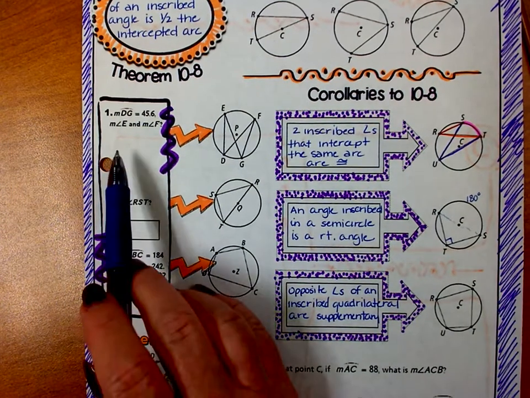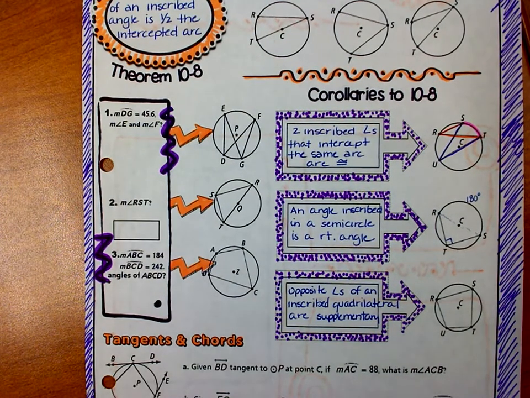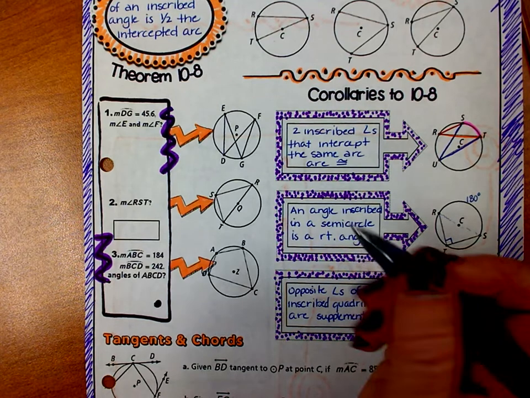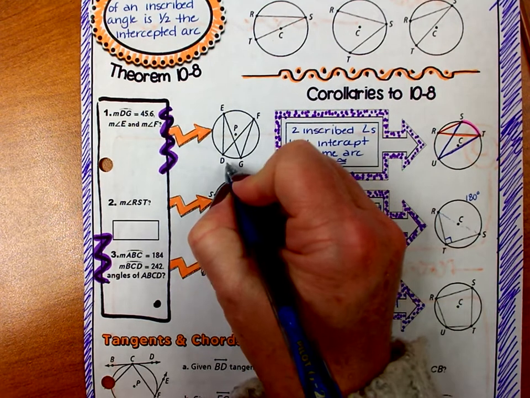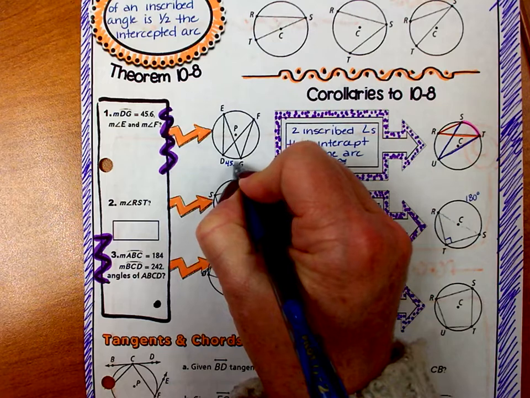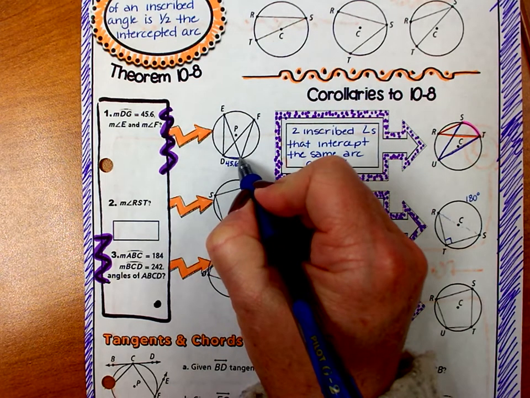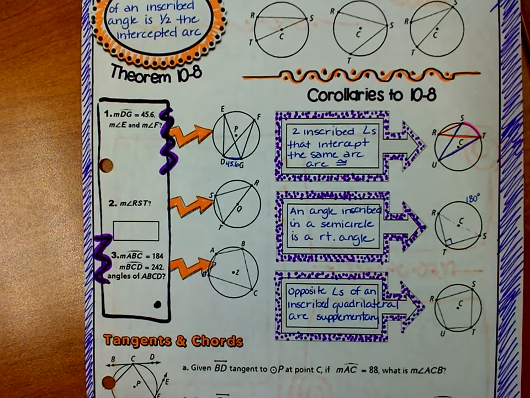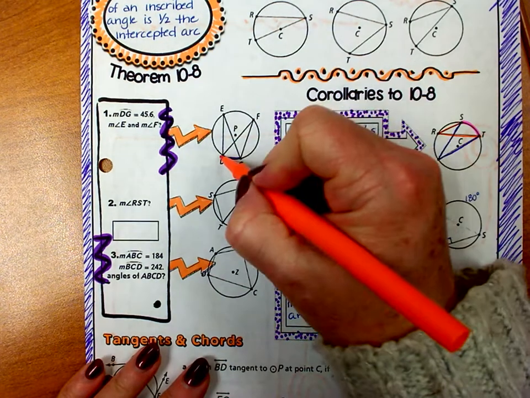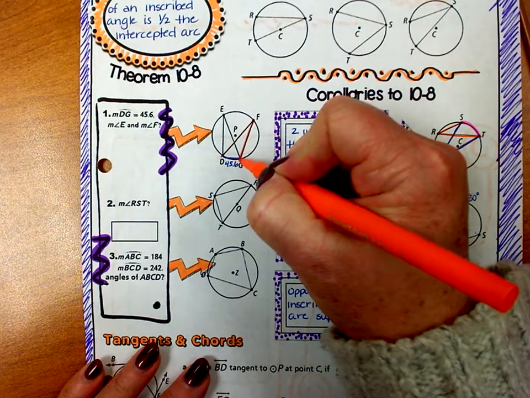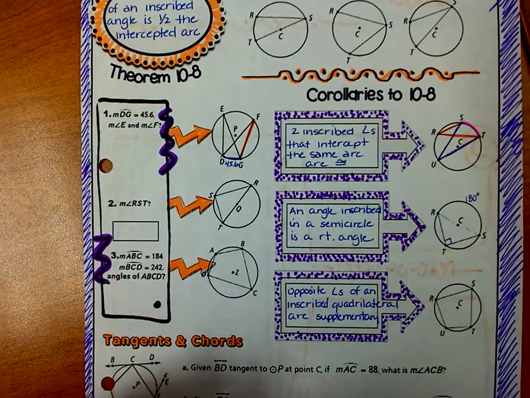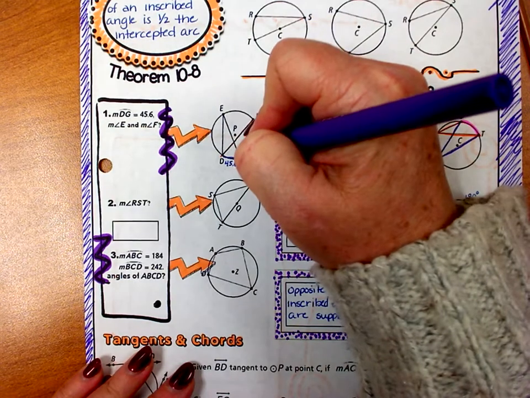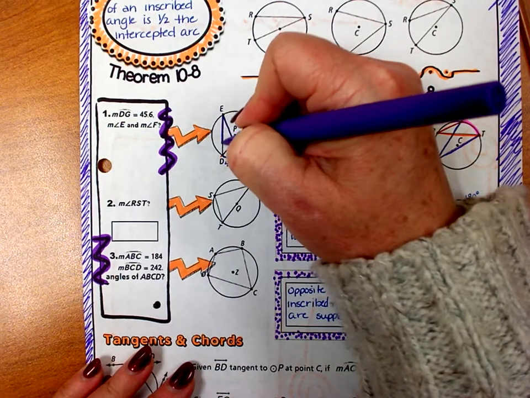Over here, example 1 tells us that the measure of arc DG is 45.6. Okay, so that is right here, the measure of this minor arc. That minor arc is intercepted by angle E right here and angle F, not necessarily in that order.